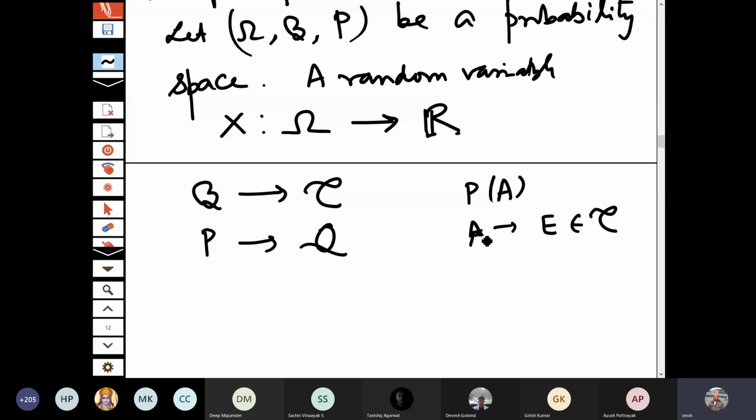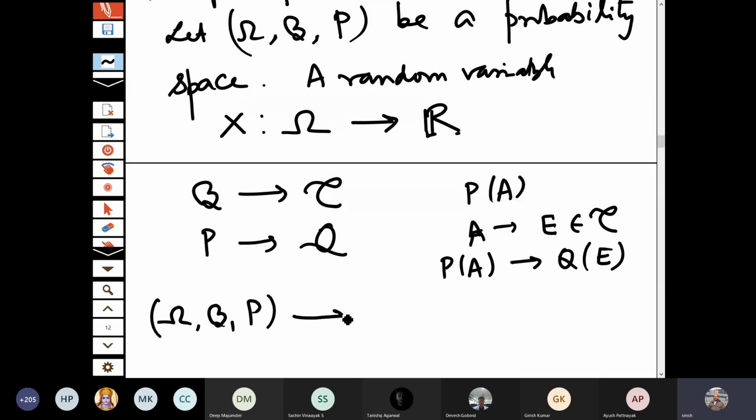Now corresponding to each element of the sample space there is a real number associated, so there will be a corresponding set E in this. So now this probability of A is the same as some probability related to E, but I will call it Q now because P we have already used, so I am just giving another name here. So this omega, B, P is shifted to R, C, Q if we use a random variable X.